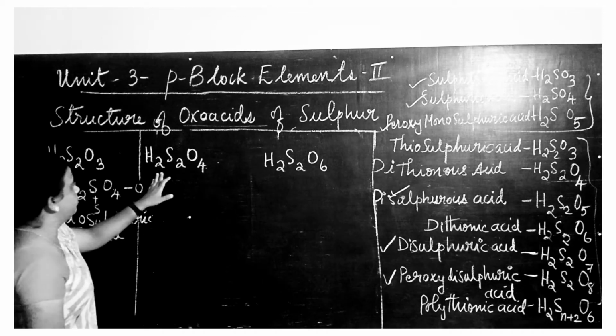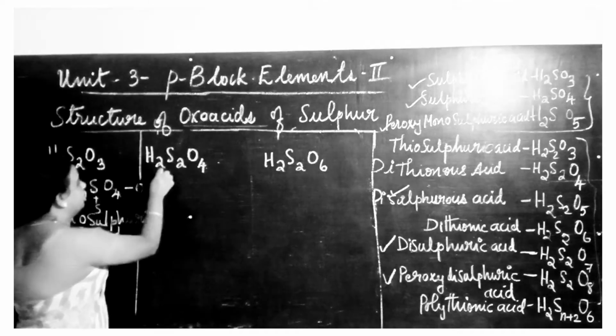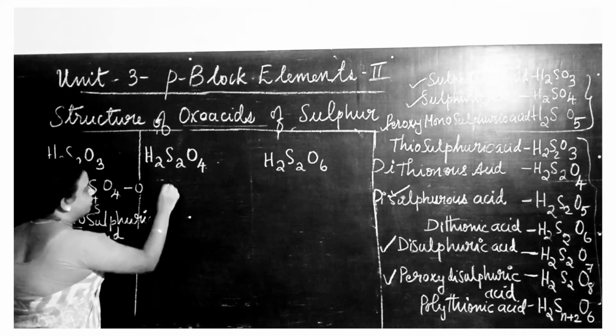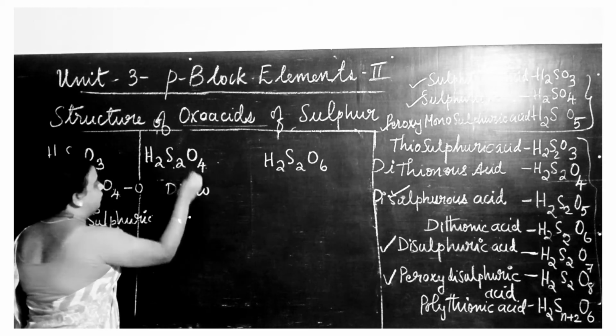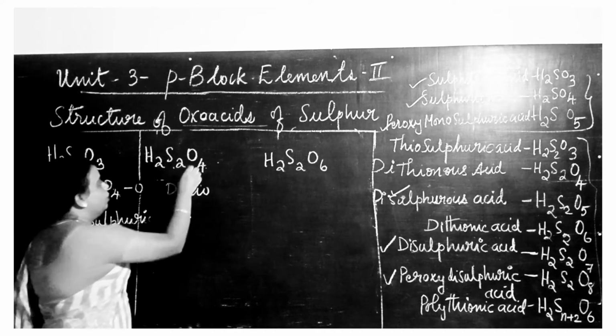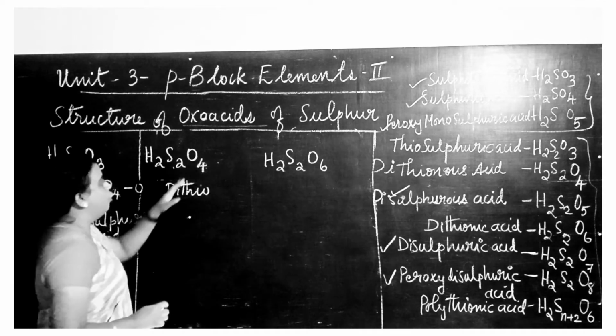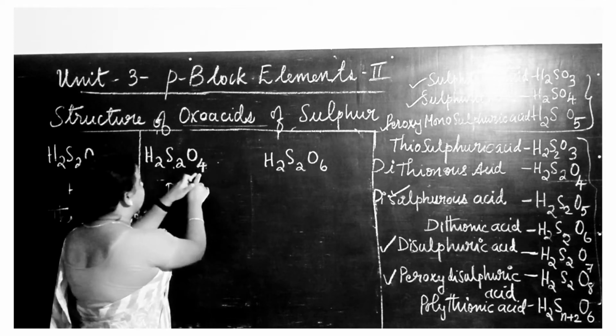Now let us look into this one. H2S2O4. Here you write di. Why? Because dithio. Why do you write thio? Because two sulfur atoms are there. Okay, two sulfur atoms are there, so it is dithio. And 4 oxygen atoms. Here also there is no difference between these two formulas. Here it is 4 oxygen atoms.